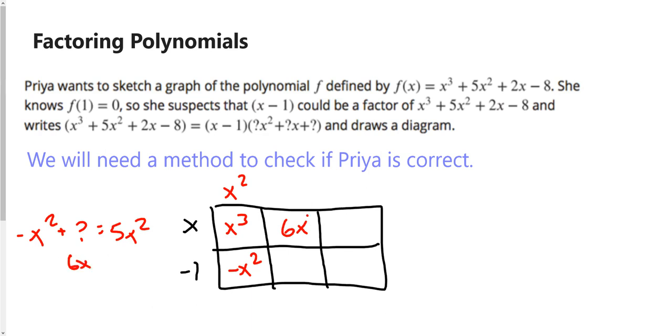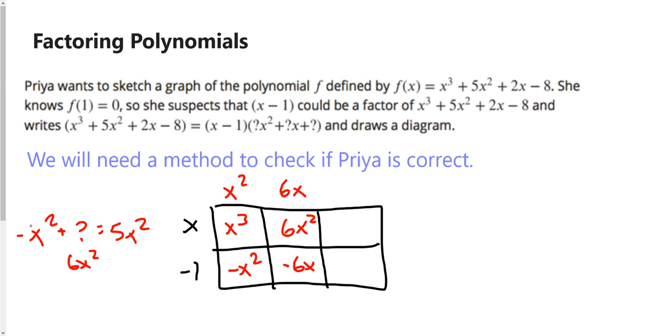So that must be a 6x squared. What times x gives you 6x squared? 6x. 6x times -1 is -6x.